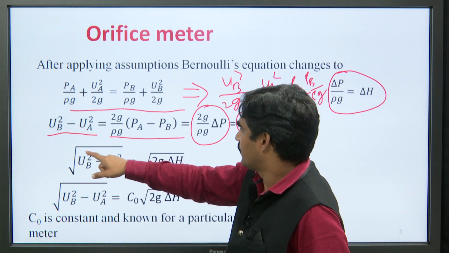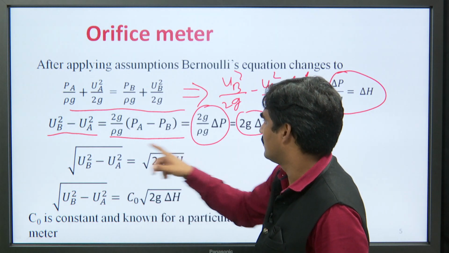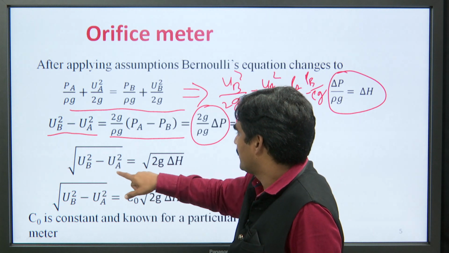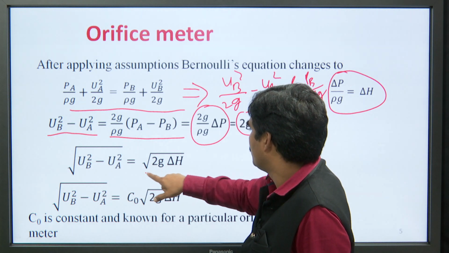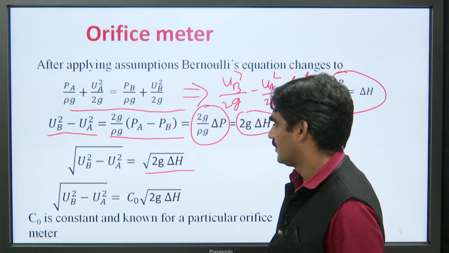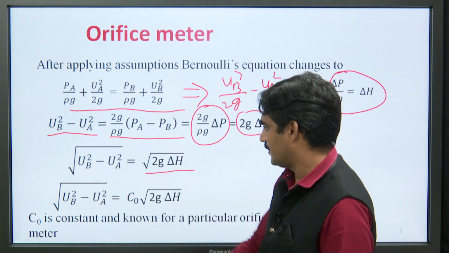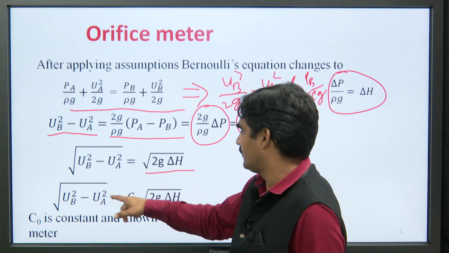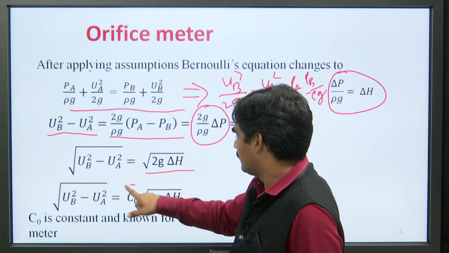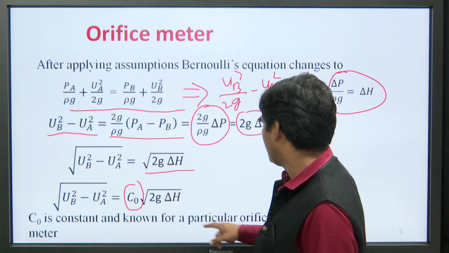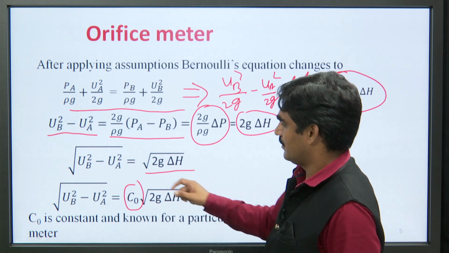Now, taking square root on both sides, root over u b square minus u a square is equal to root over 2 g delta h. Finally, the equation comes as root over u b square minus u a square, that is equal to C O, a constant called the orifice meter constant.